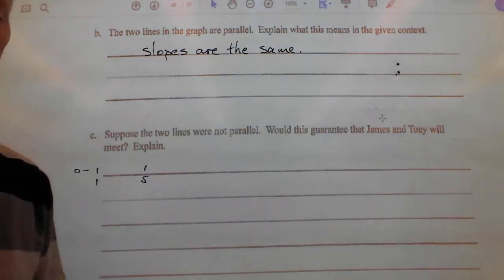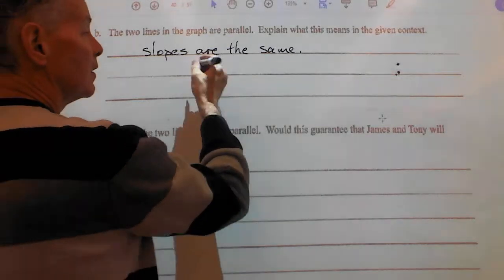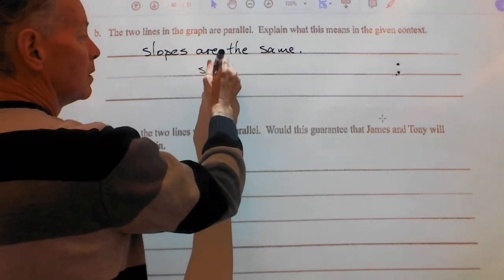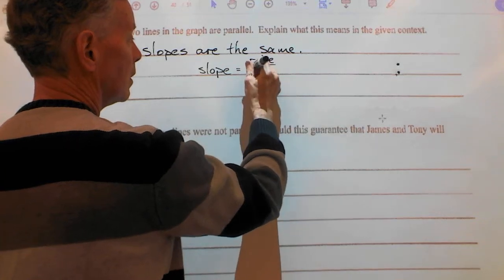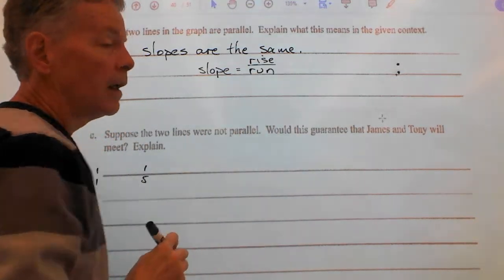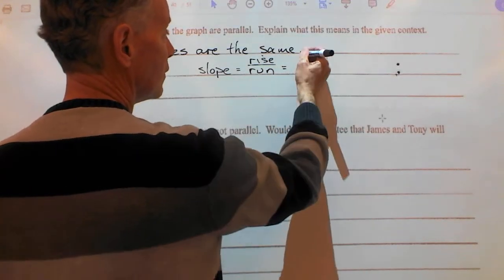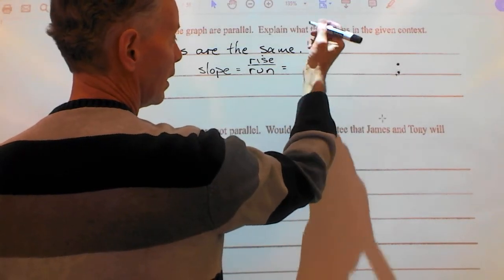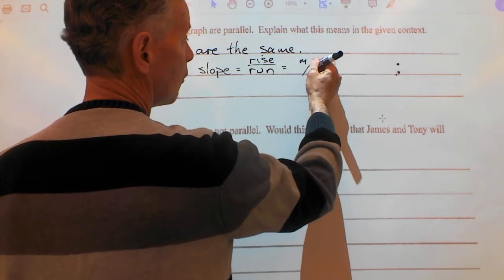And further, in the context of this situation, since slope equals rise over run, if we look at the units that are used, they're units of distance, and let's just say meters, over time, minutes.